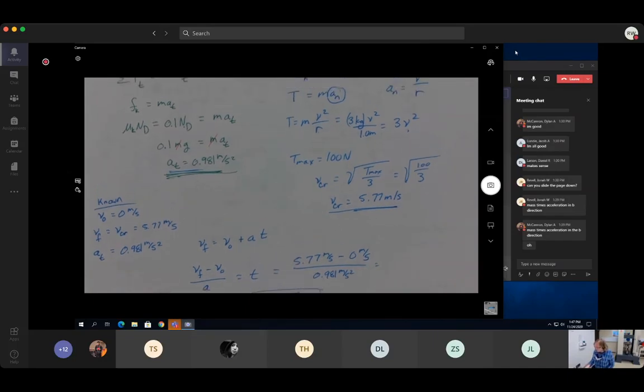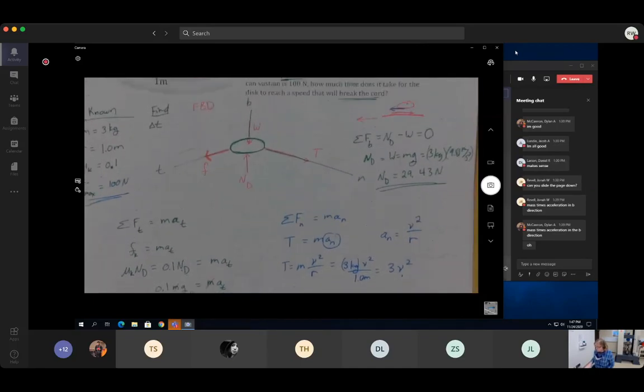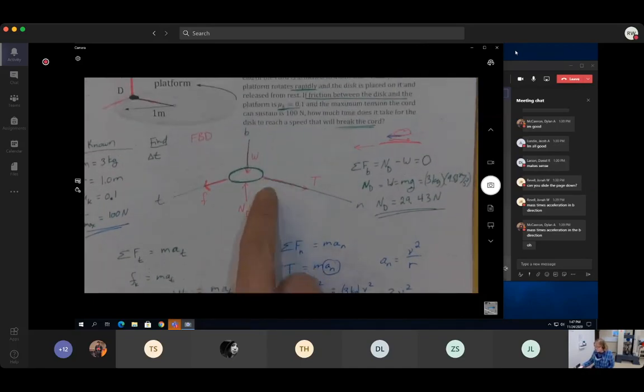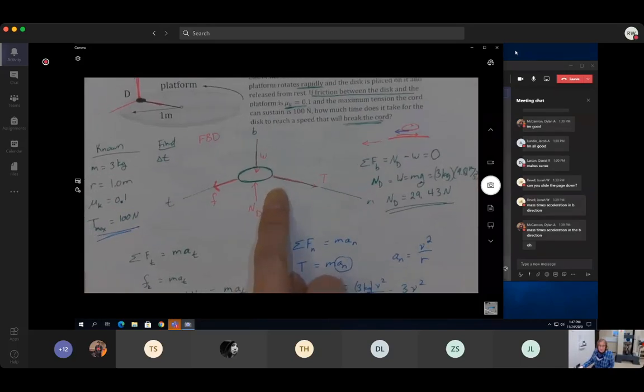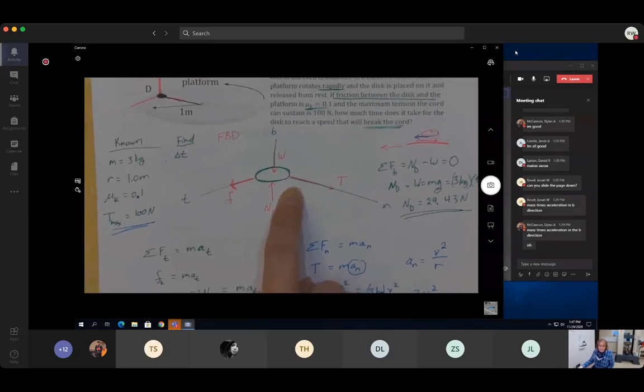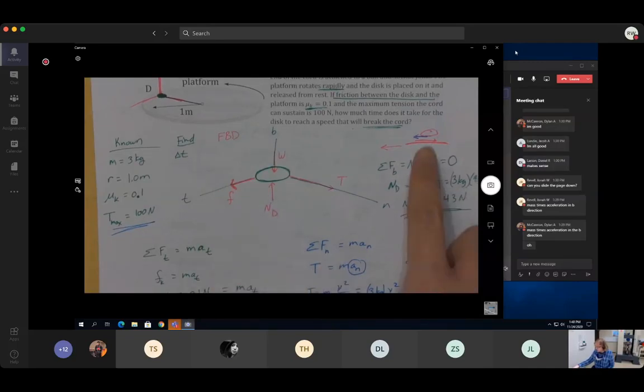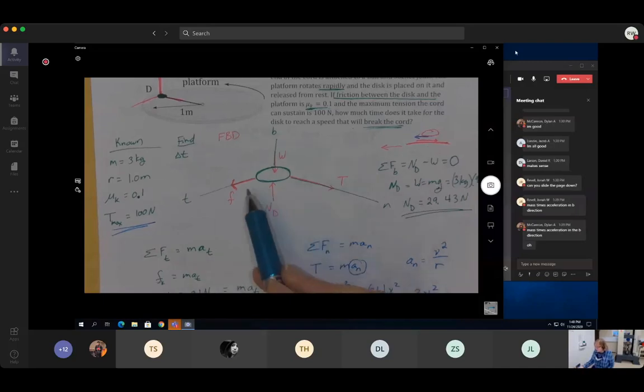Okay, so again, we started out here with our free body diagram. We knew a few things. We knew we had to have weight and a normal force that would give us tension. We figured out that would give us friction.